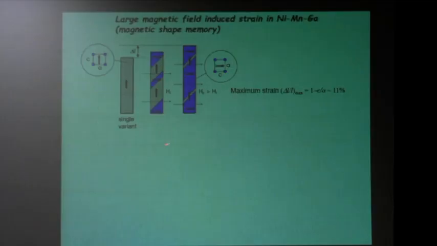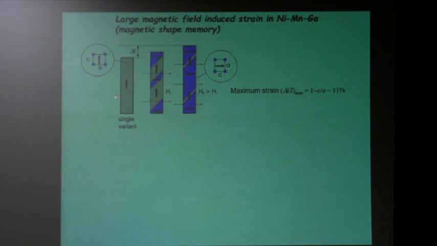And after you've done that, you apply a magnetic field. So this gray represents a variant. For simplicity, I did draw here modulated structures. We have a tetragonal structure with a short c-axis and a long a-axis. It looks like this.